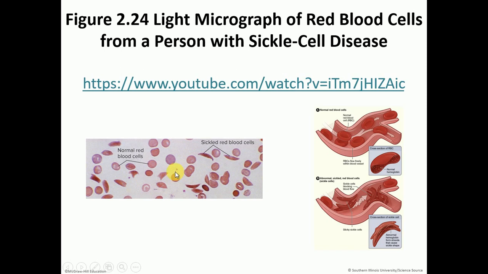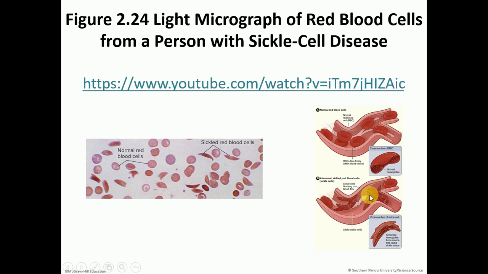So we'll see here, this is what your normal red blood cell looks like, and this is what a sickled RBC looks like. So here are normal ones, and here are sickled ones. These normal ones are very malleable. You can see them here kind of going within the blood vessels and can squeeze themselves within the capillaries.